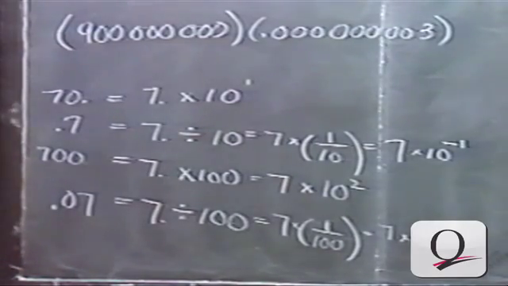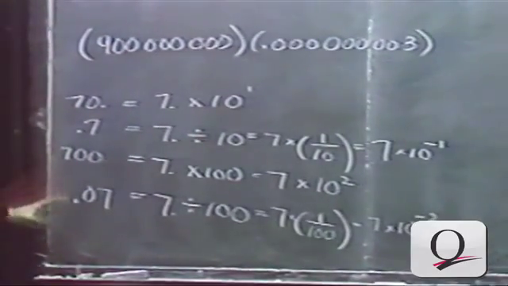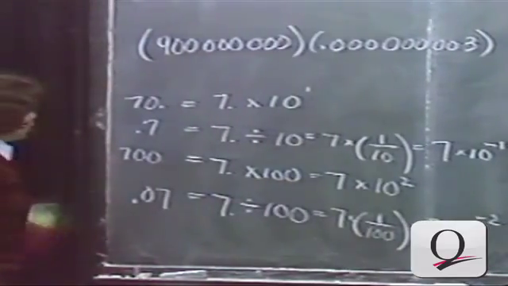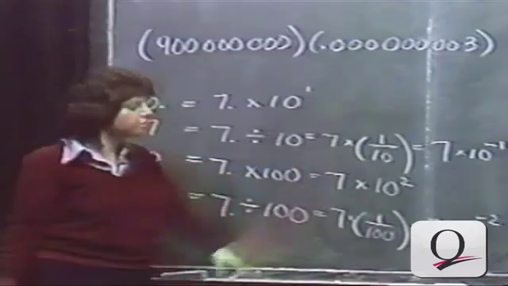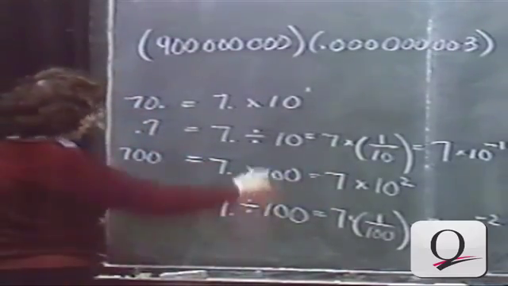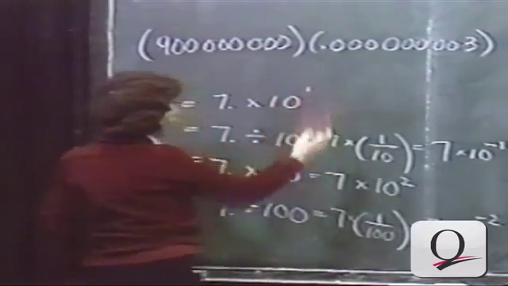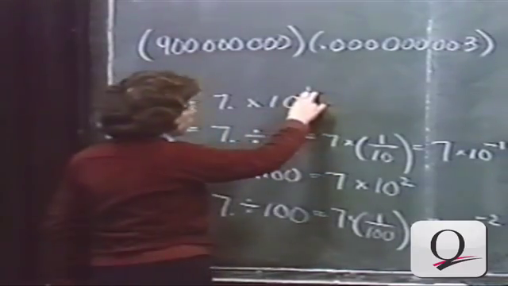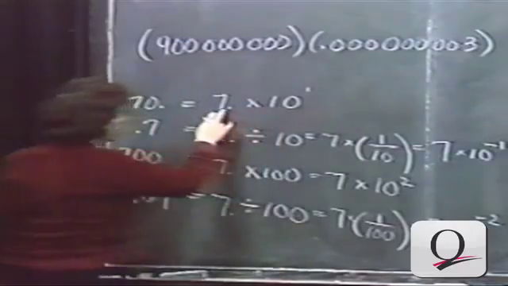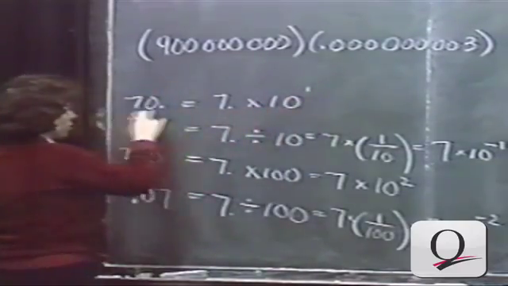Now let's look at what we're doing and see if we can formulate some kind of general rule here. If you want to multiply a number by a power of 10, where the power is an integer, if the power is positive, you move the decimal point that number of places to the right.